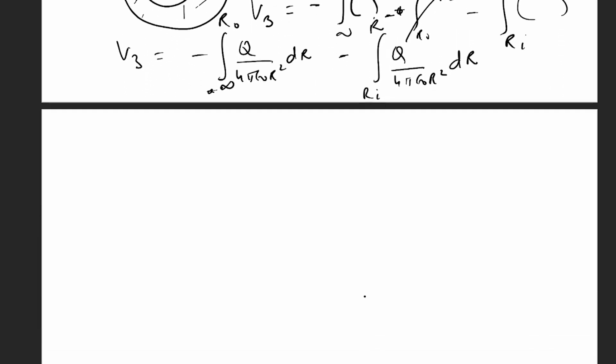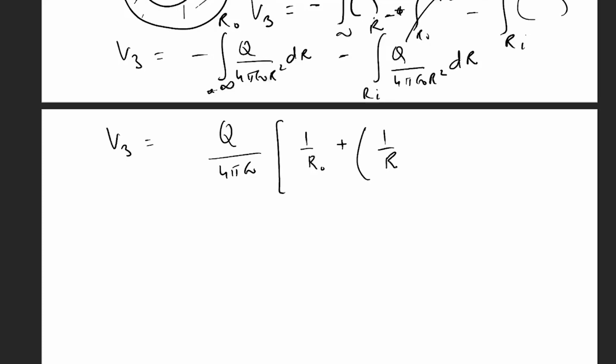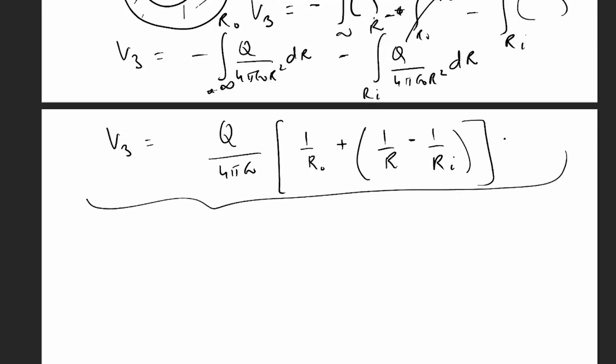So this V3 will be Q by 4 pi epsilon naught times 1 by R naught plus, from the second integral, 1 by R minus 1 by Ri. So this will be the potential inside the shell.